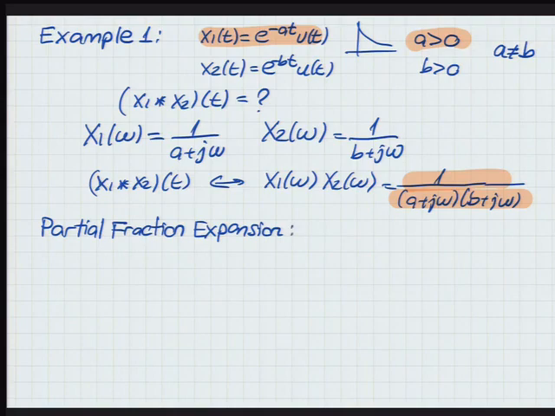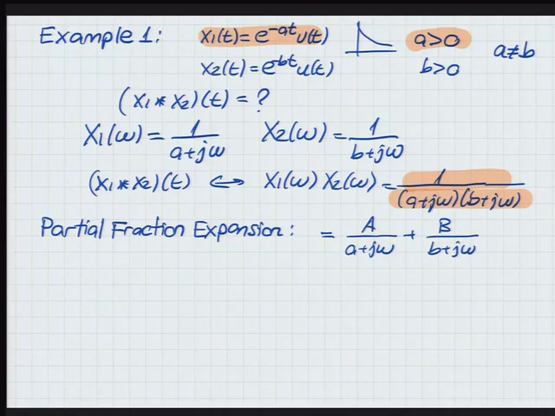The idea is simple. If you have a product like this, try to write this as some coefficient A over a plus j omega plus another coefficient B over b plus j omega, where the capital A and capital B coefficients are to be determined, right?